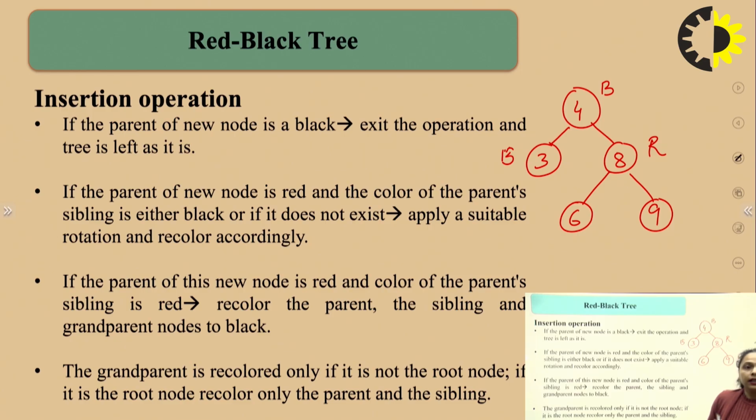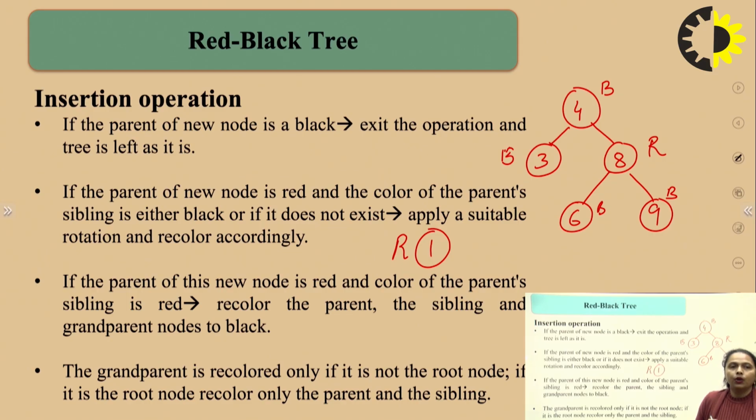Now, if I want to insert a node 1, in that particular case, this is an existing RB tree, and the new node 1 must be created first, and after that it must be colored red.